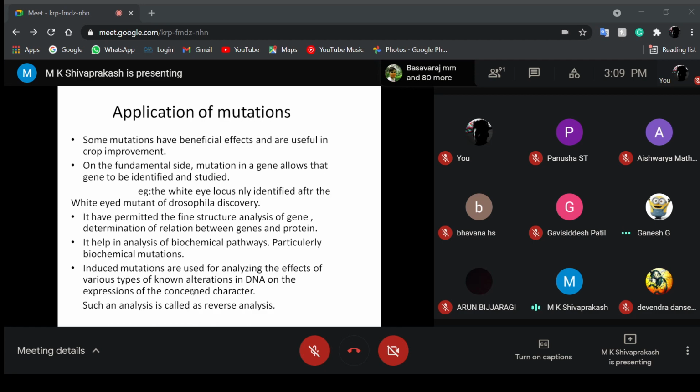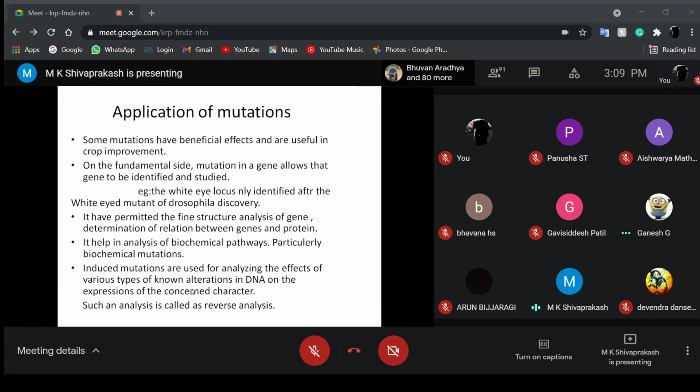Gene goes to mRNA, mRNA to protein. So how exactly the information is carried down is understood through this, the relationship between the gene and the protein.